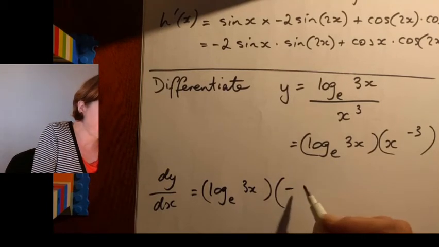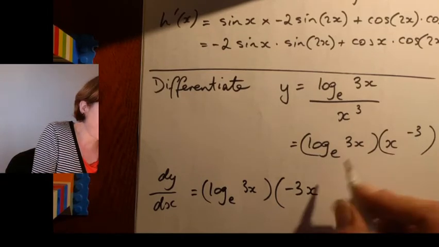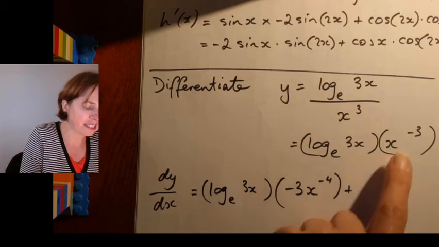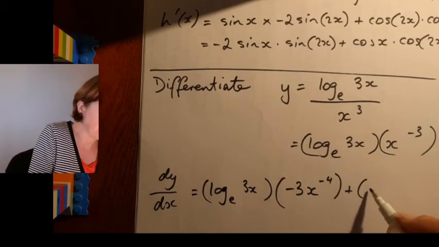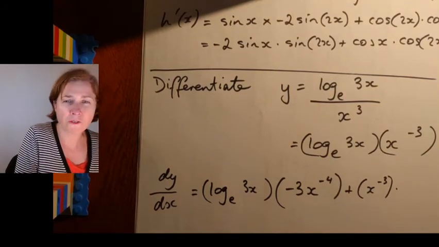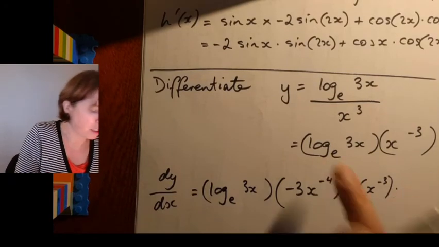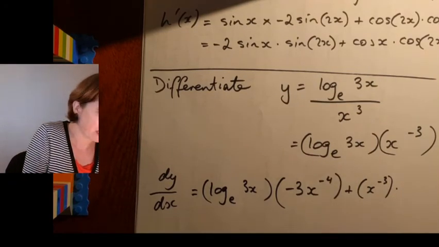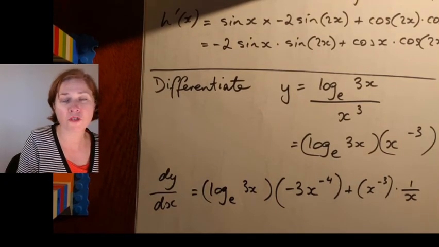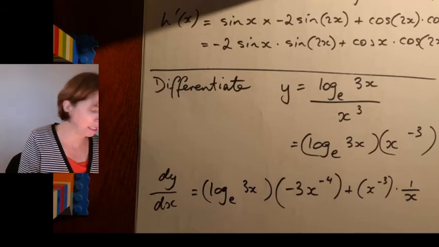I'm going to have negative 3x, and I subtract 1 from the power, so I get x to the power of negative 4. Now I add the second function, leave it as it is, x to the power of negative 3, times the derivative of log base e of 3x, the derivative of the first. Do you remember this one, guys? It's going to be 1 over x. Okay, in fact, it's 3 over 3x, and the 3's will cancel, giving me 1 over x.